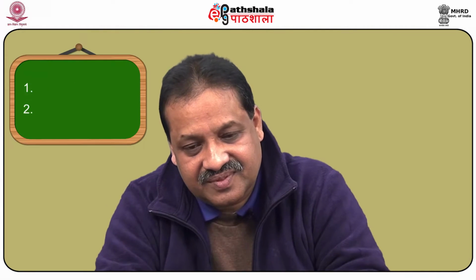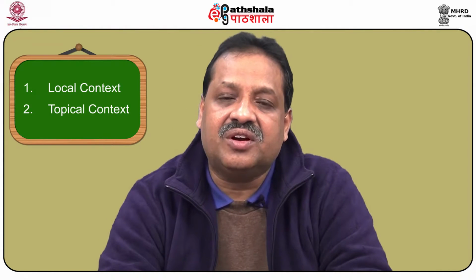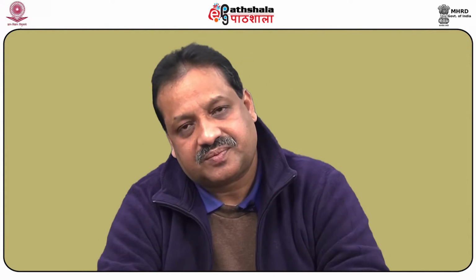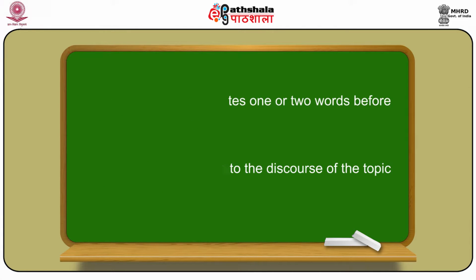Miller and Leacock, in their book on lexical polysemy in 2000, proposed two types of contexts: the local context and the topical context. For them, local context constitutes one or two words before and after the target word whose meaning we are going to understand, and topical context refers to the discourse or the topic of the text.